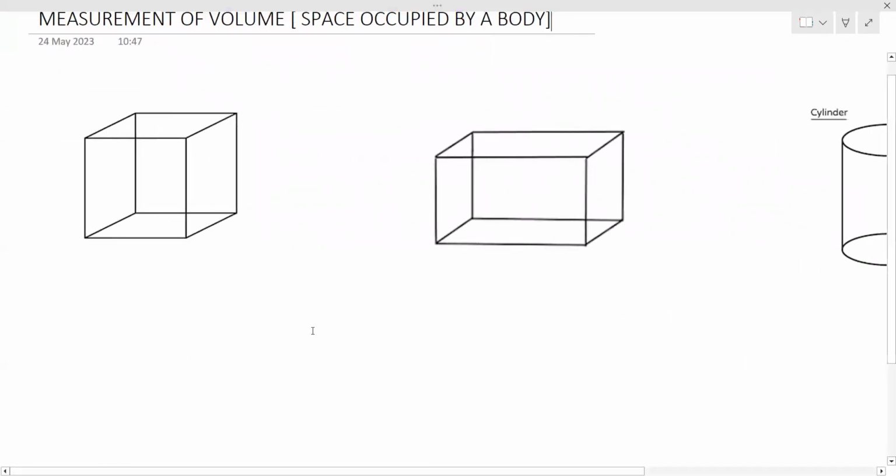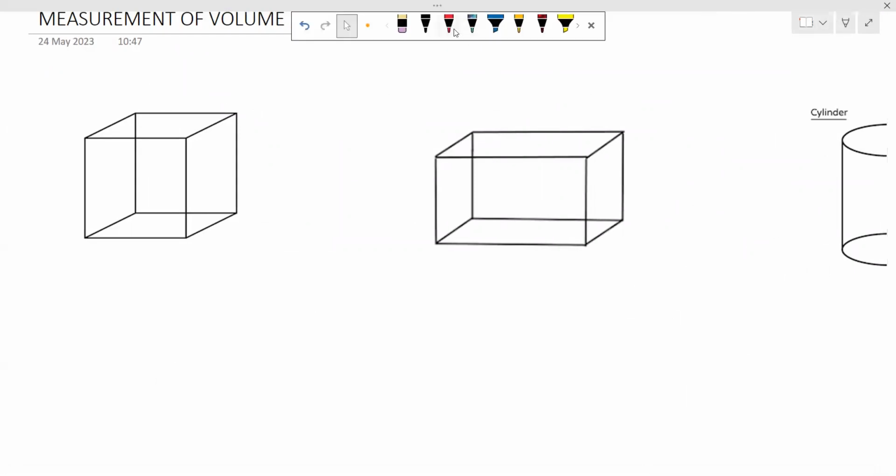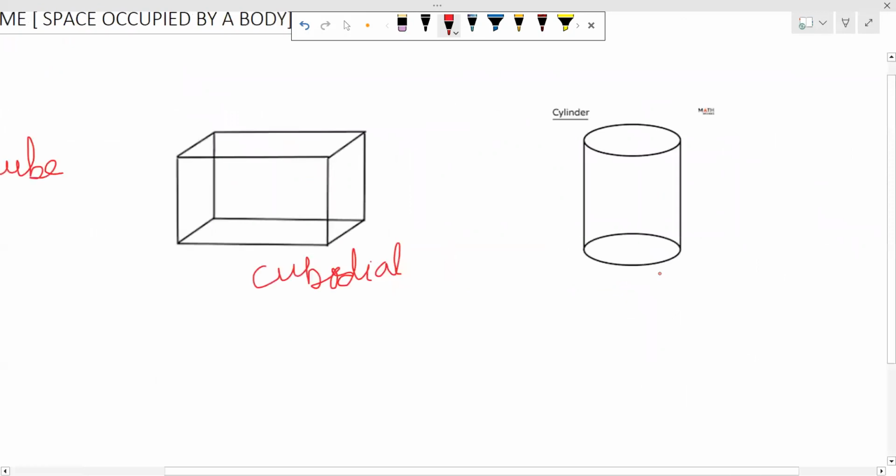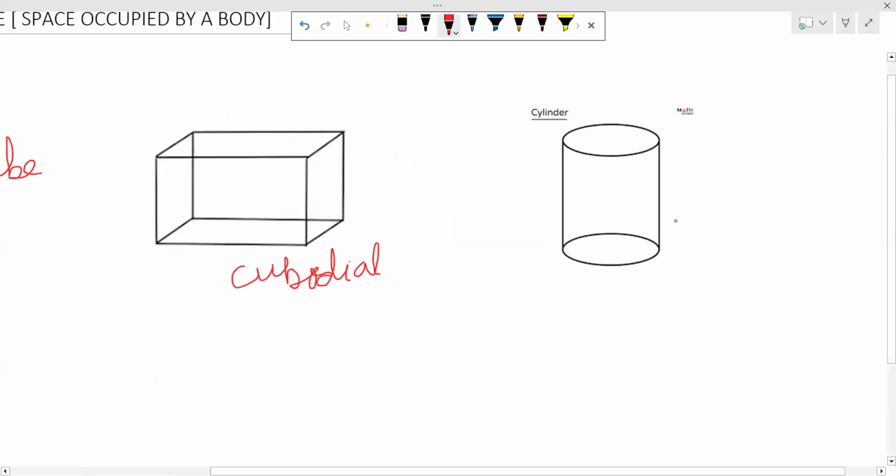This shape is known as a cube. This is a cuboid. They are three-dimensional shapes. We can find the volume only for three-dimensional shapes, not for two-dimensional. Square and rectangle don't have any volume. But this is your cylinder, your gas cylinder looks like this.